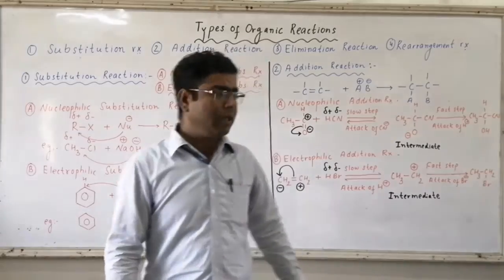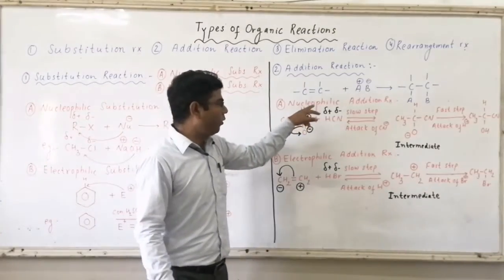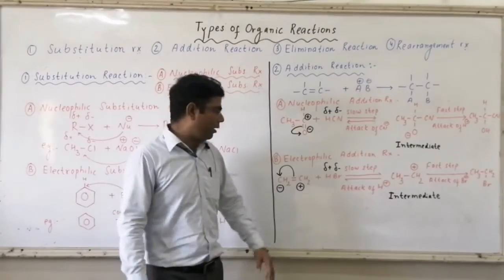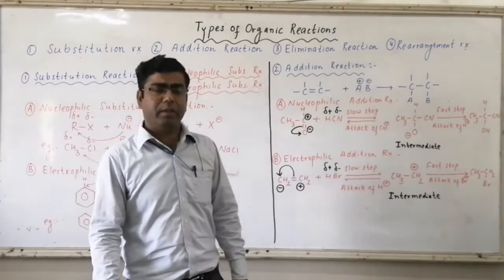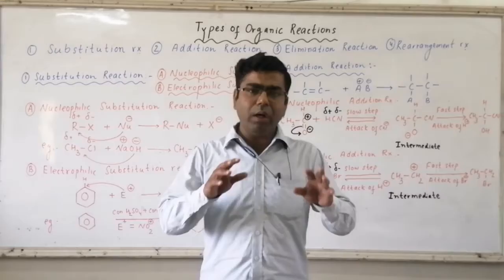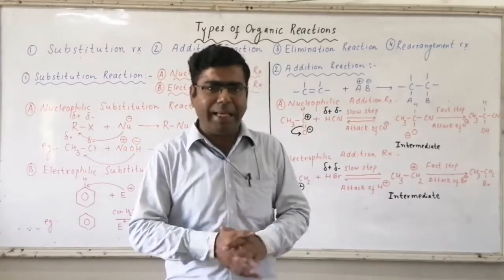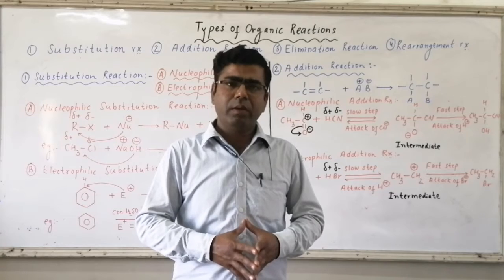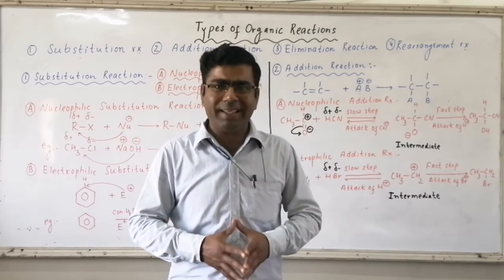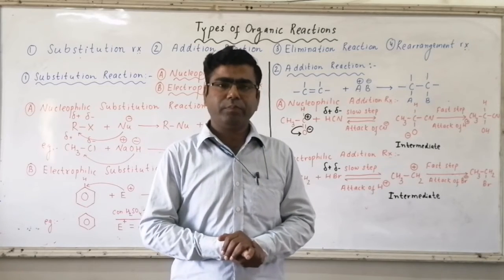Now, its types. It is of two types. First one is nucleophilic addition reaction, and second one is called electrophilic addition reaction. Whenever we talk about addition reaction, please remember the addition reaction always takes place in two steps.